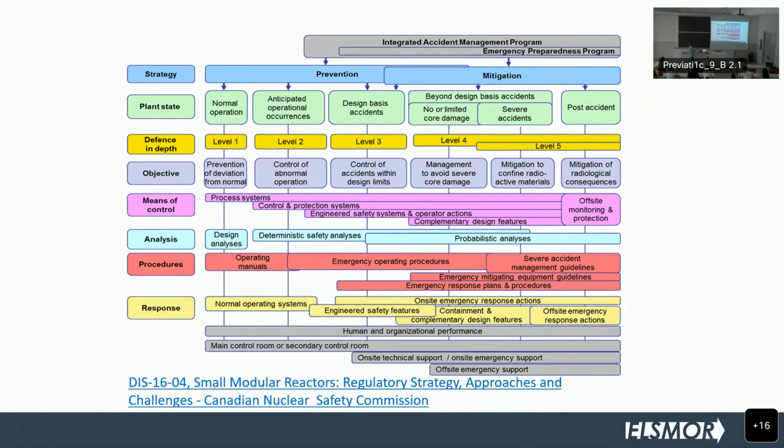And then we have some design features like core catchers and so on to mitigate severe accidents. And of course, in the end, we have the off-site protection, like emergency planning zones and emergency plans on what will happen if there is a release.